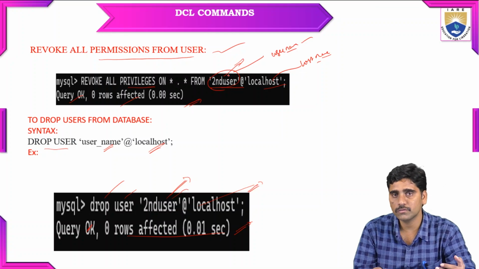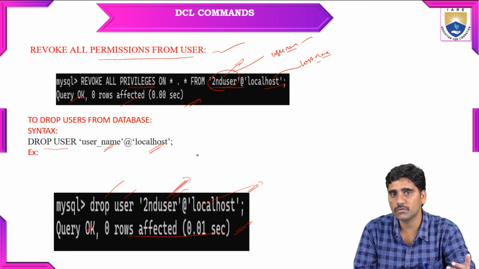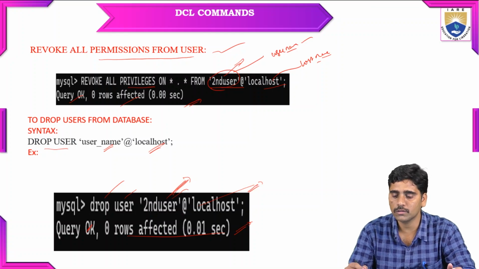And to drop users, simply we call it drop user username. What user you want to drop, you need to specify the username identified by localhost. So this is all about creating the user. Who will do all these? The administrator.